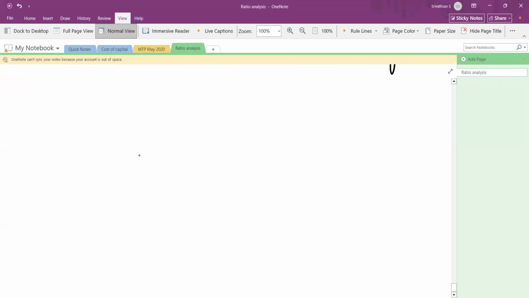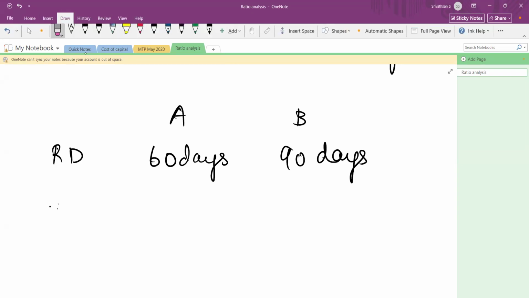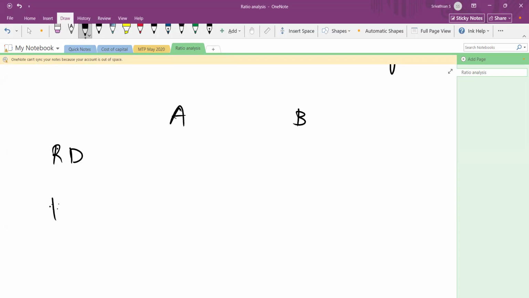Let's say there is one more person, A and B. Receivable days of A is, let's say, 60 days. B is 90 days. Let's say inventory turnover is 6 times and this is 4 times.